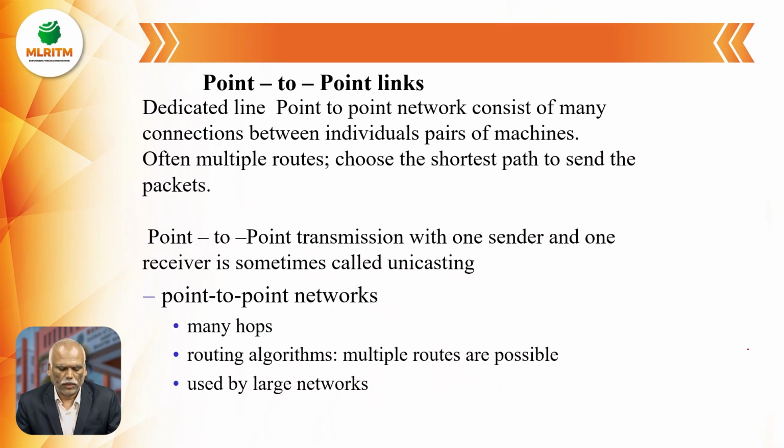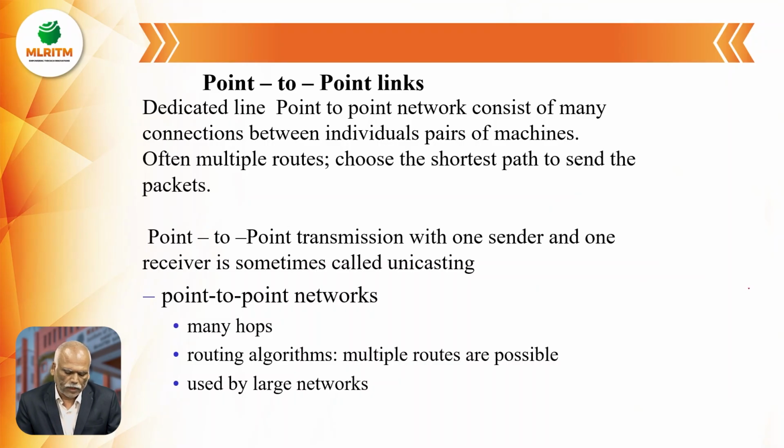The next type of transmission technology is point-to-point links. Here there is a dedicated line; a point-to-point network consists of many connections between individual pairs of machines. Often having multiple routes, it chooses the shortest path to send the packet. This point-to-point transmission with one sender and one receiver is sometimes called unicasting.